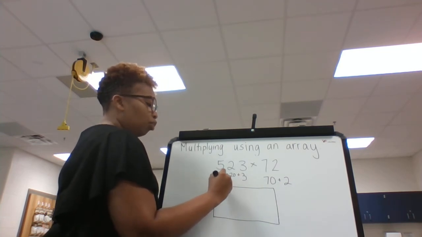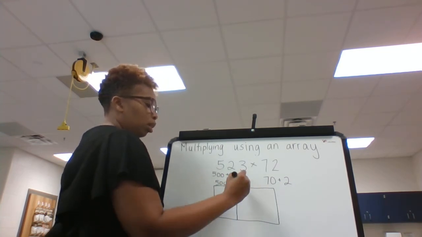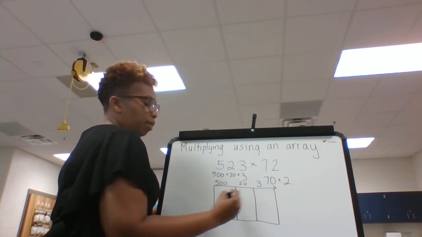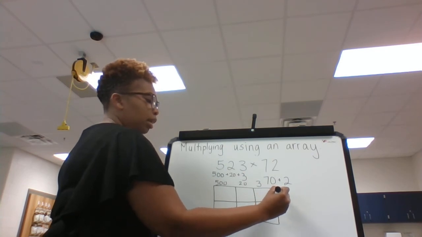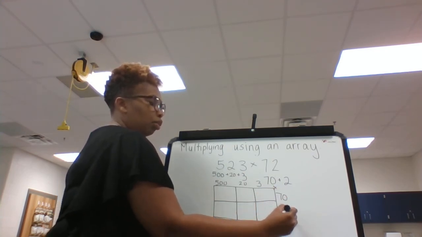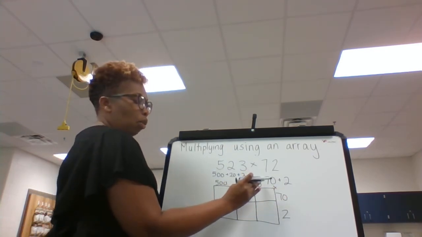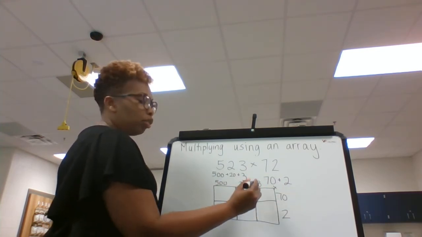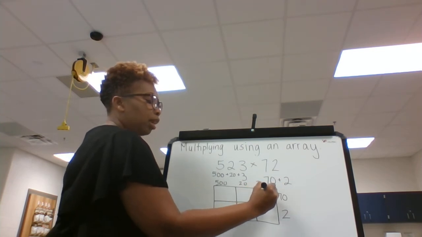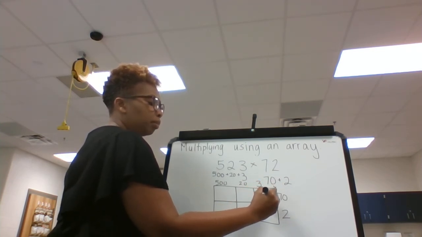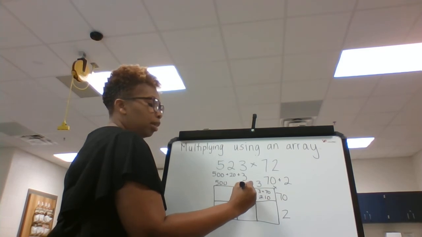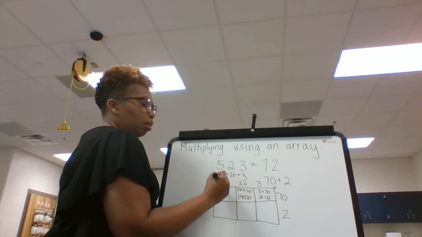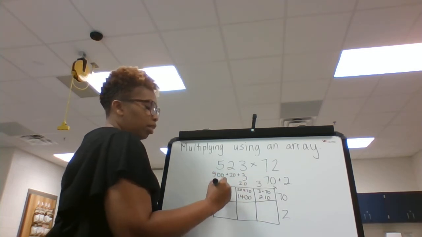So 523 times 72. So I multiply each number by 70, and then I'll multiply each number by 2. So 3 times 70, 20 times 70, 500 times 70.